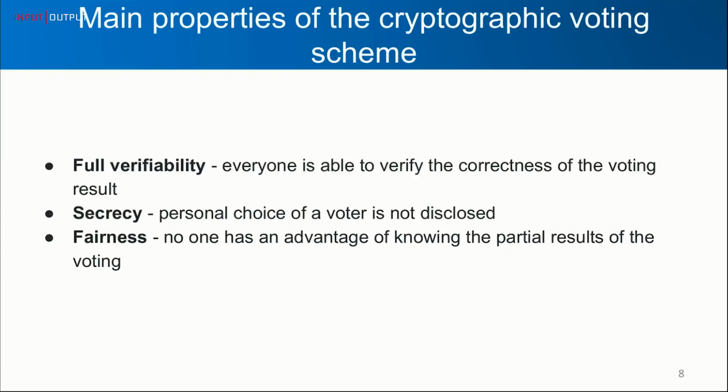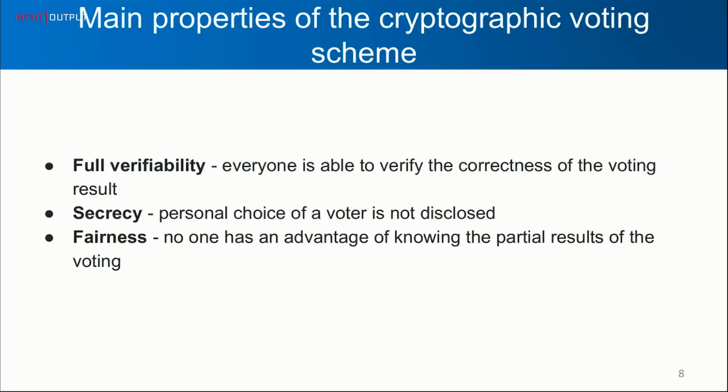A special type of cipher is used that provides a so-called homomorphic property. It means that it is possible to do mathematical operations with the encrypted messages. So in our case, it becomes possible first to sum up all of the votes in encrypted form and then decrypt only the final result. In this case, personal ballots with choices are never disclosed.